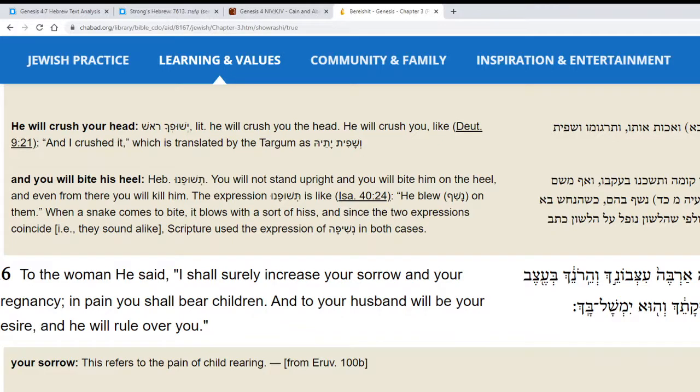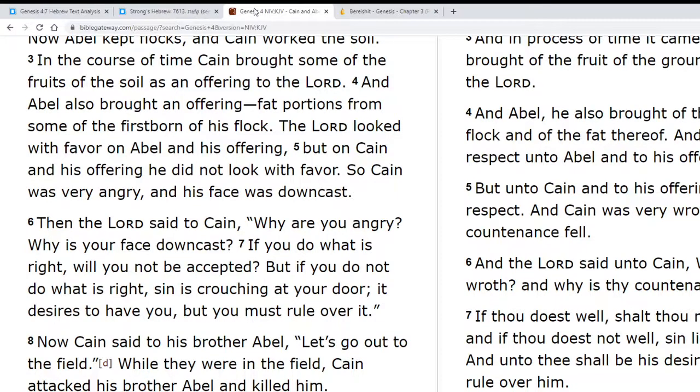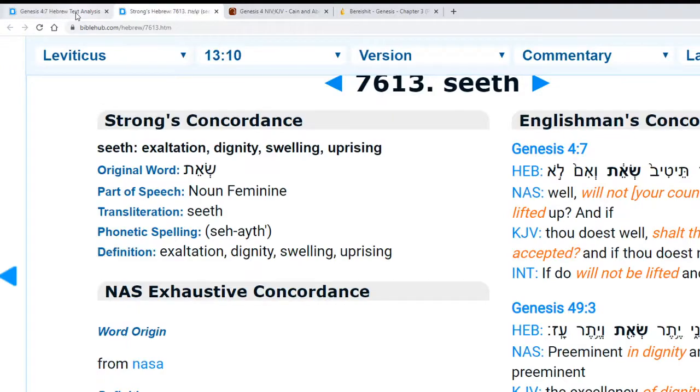El ha'isha amar harbe arbe etzvonech veheronech be'etzev teldi vanim ve'el ishech teshukatech vehu yimshol bach. To your husband shall be your desire, and he shall rule over you. And then here we have kind of the opposite, but in very similar wording.